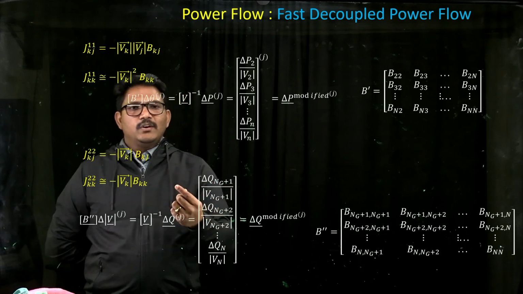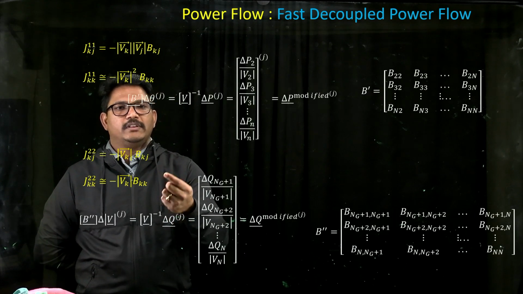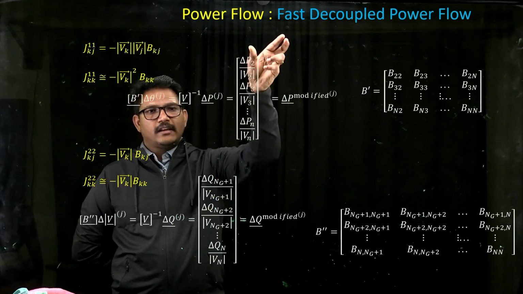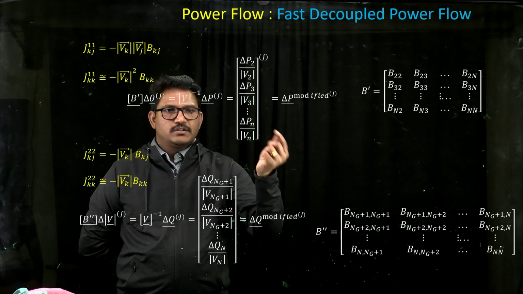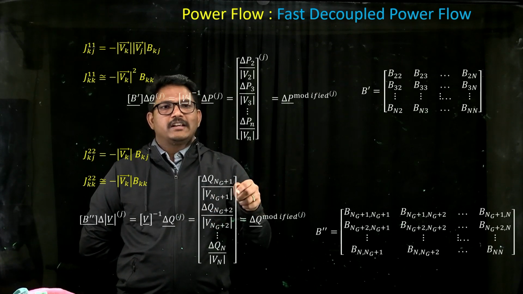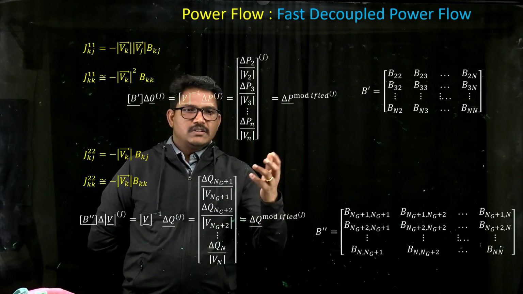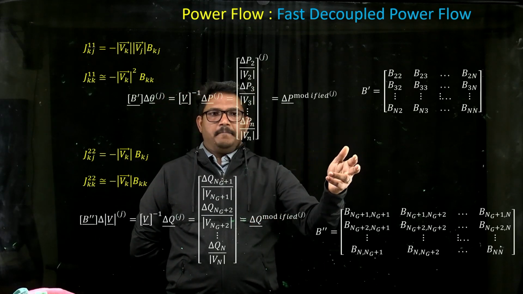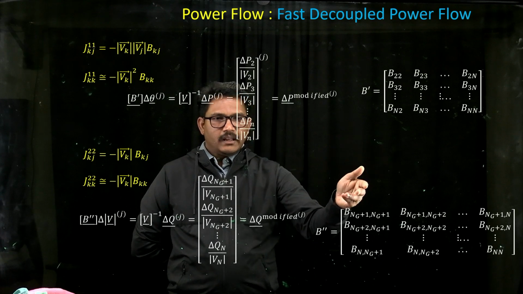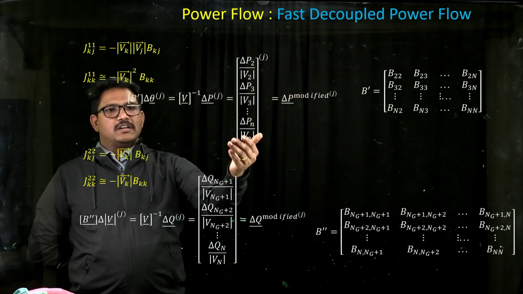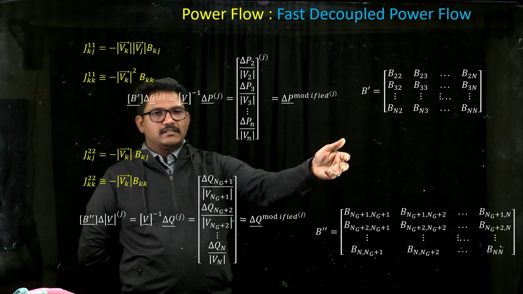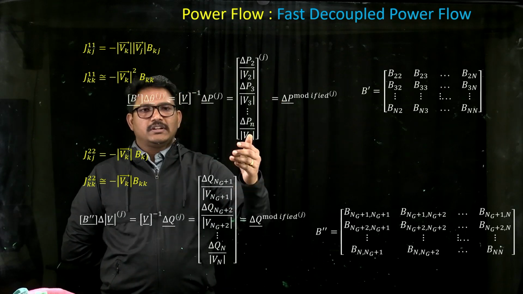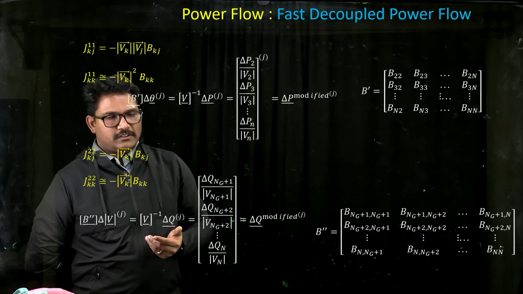That inverse of a diagonal, when it is multiplied with delta P, will give delta P2 divided by V2, delta P3 divided by V3, and so on. That is what we call the modified delta P. Actually, our delta P is nothing but delta P2, delta P3, and so on, delta Pn. The modified one is normalized with respect to the voltage magnitude at that particular bus.